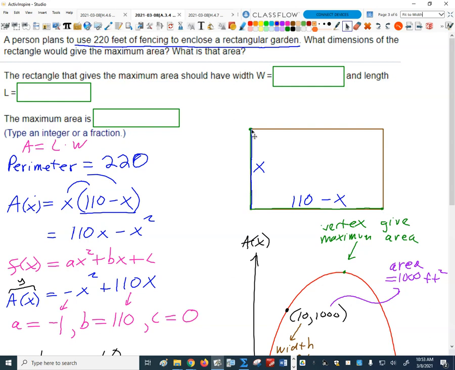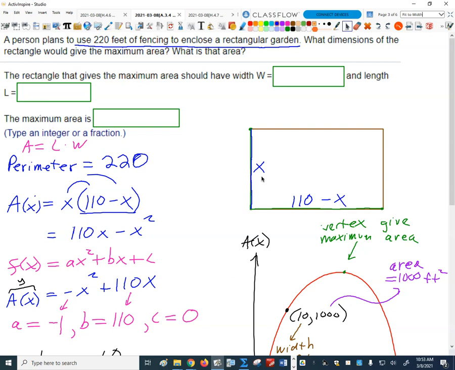And if the distance from there all the way down and across is 110, and the vertical width as it's drawn here is x, then how much is left over for the length? Well, that entire 110 minus the width x would give me the length, right? And so we came up with expressions for the width and the length, both in terms of x.